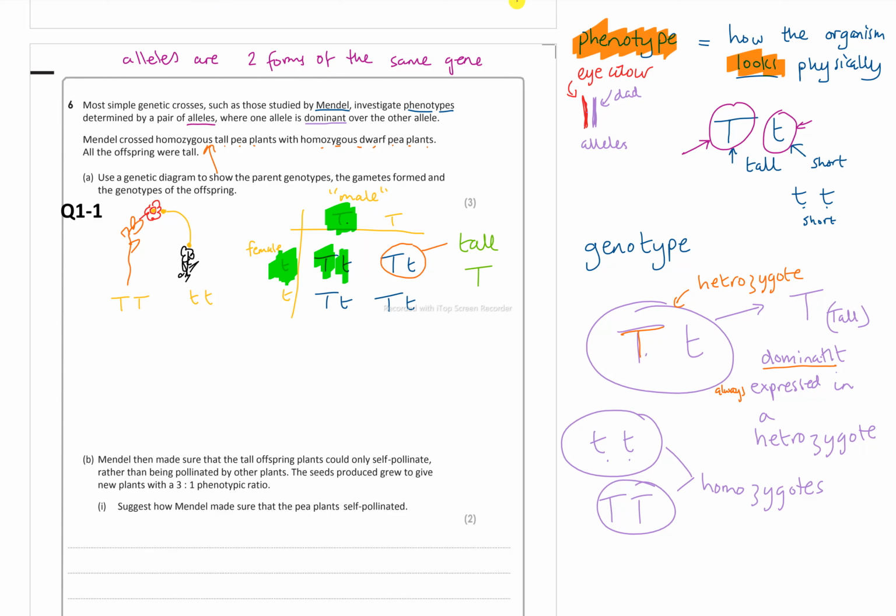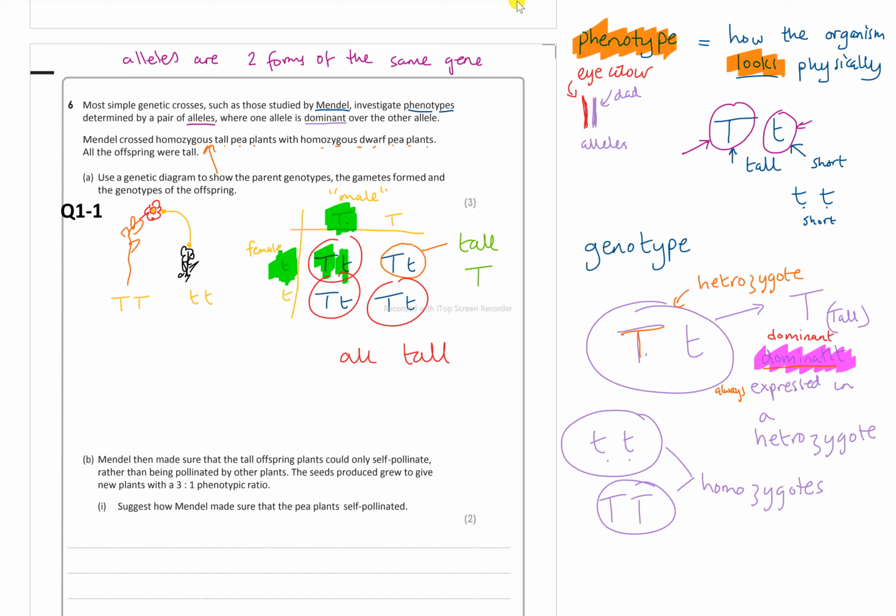It is dominant. That means when there's a big and a small, the dominant one always expresses itself, always shows up. So you've got 1, 2, 3, 4. All the plants are going to be tall.